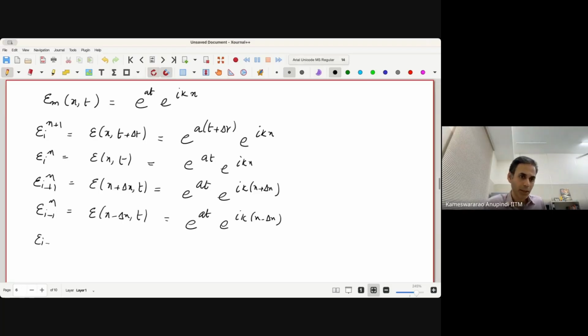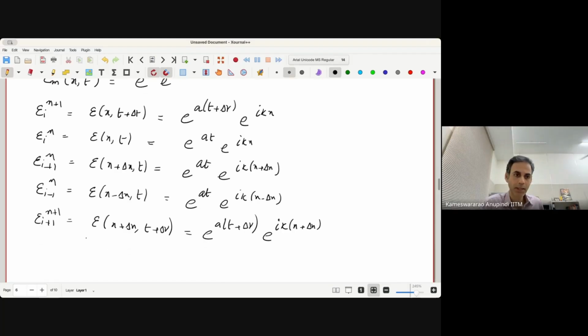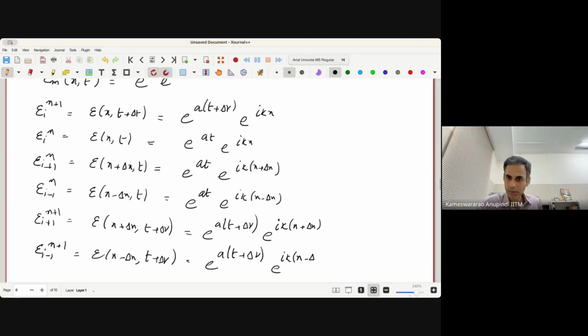Then epsilon_(i+1) at n plus 1 equals epsilon of x plus delta x, t plus delta t, which is e to the power a(t plus delta t), e to the power ik(x plus delta x). Finally we need epsilon_(i-1) at n plus 1 equals epsilon of x minus delta x, t plus delta t, which is e to the power a(t plus delta t), e to the power ik(x minus delta x).